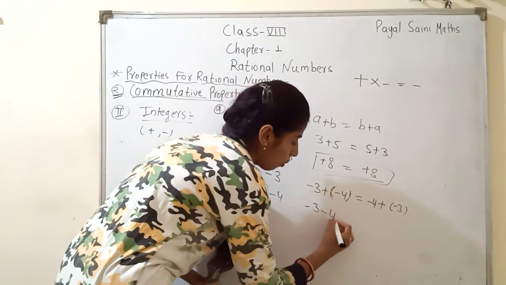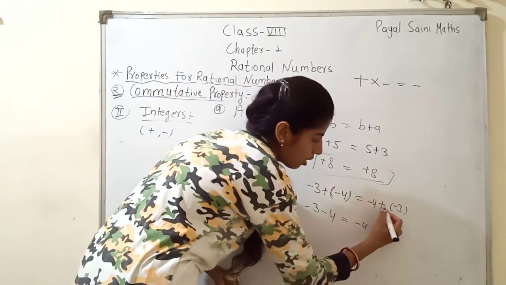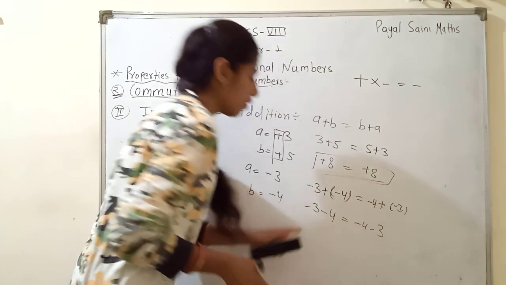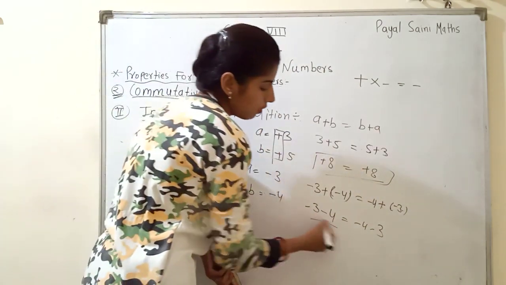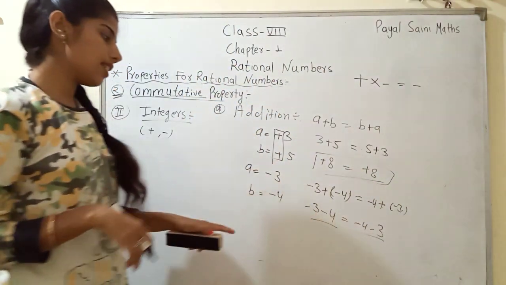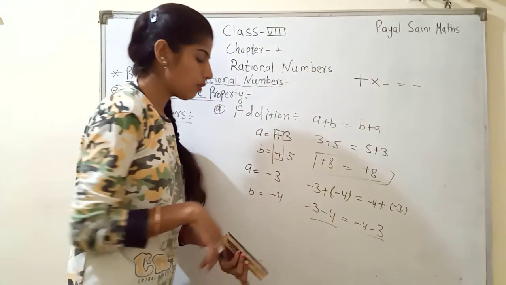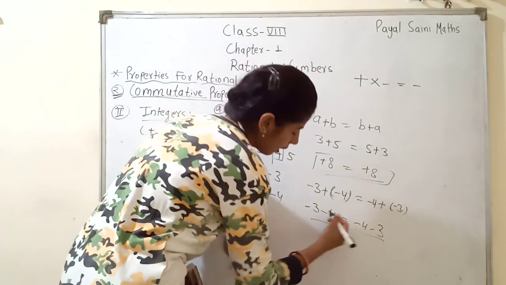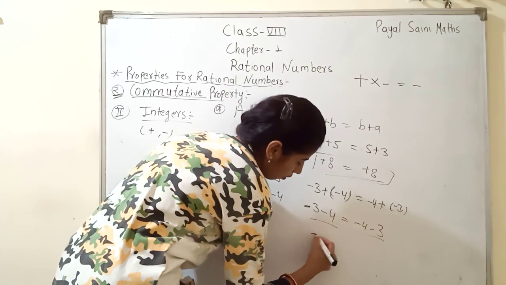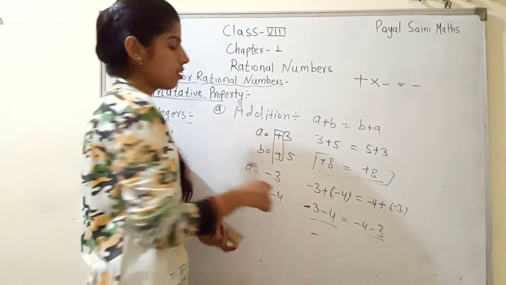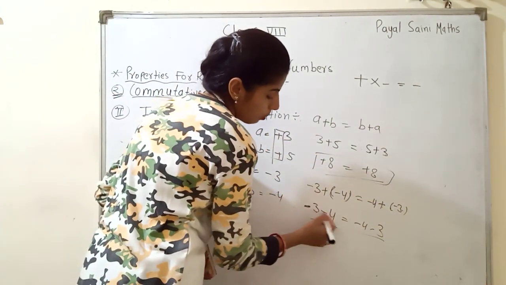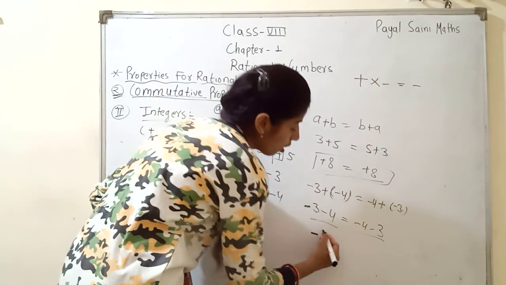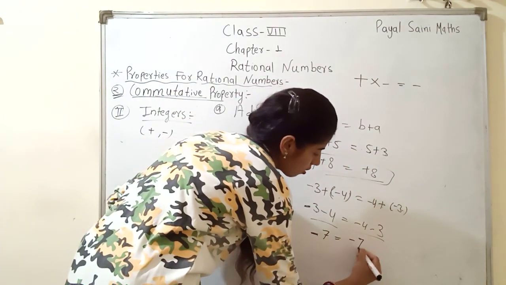If the signs are the same, then what do we do? Always addition. But if both signs are minus, then your answer will have a minus sign. Then 3 and 4 is 7, and minus 7.